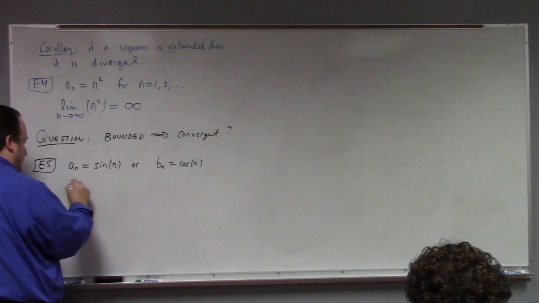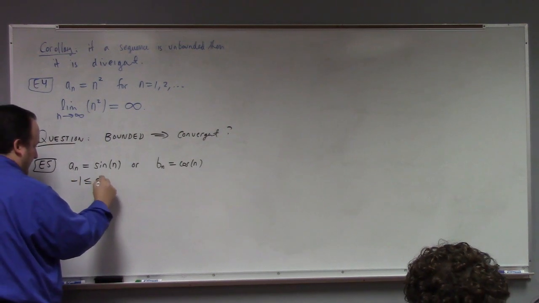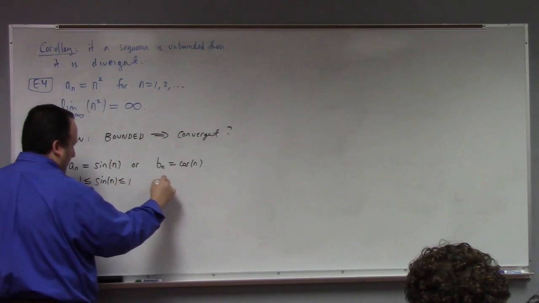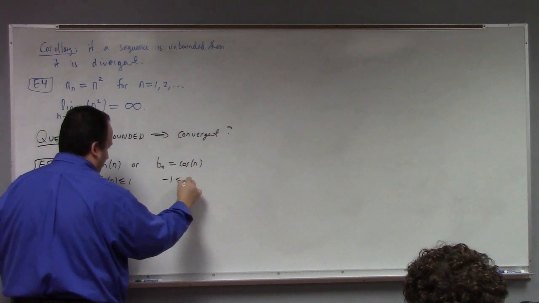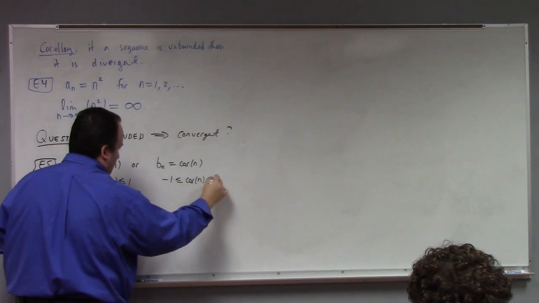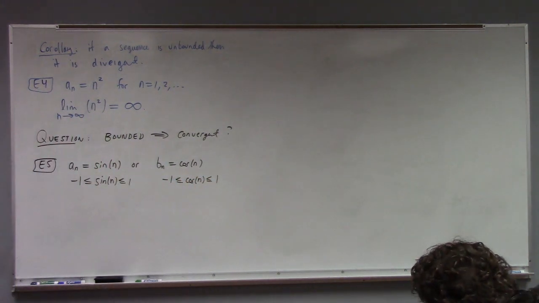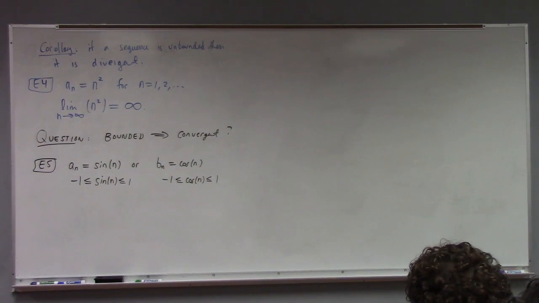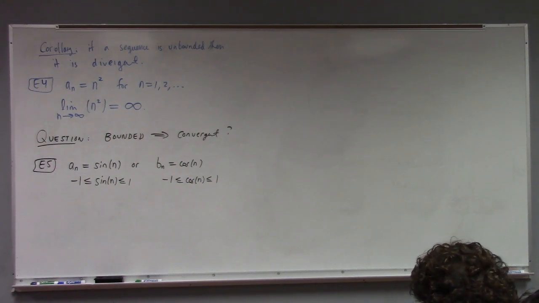Because definitely for these, we've got -1 less than or equal to sine n, less than or equal to 1, and likewise for cosine, right? So indeed, these are certainly bounded by ±1, and yet they are not convergent because they never settle down on a value, right? So I'm starting to use concepts we already had from before.